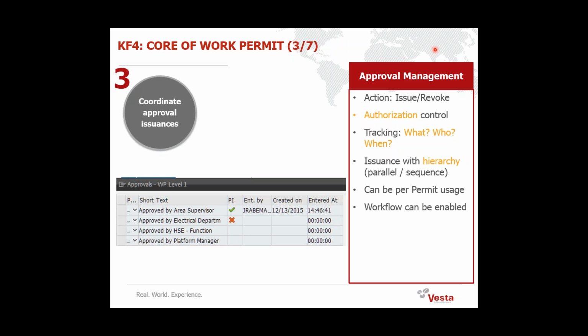In the background tracking is also active: what was approved, who was approving that, sorry, and when was it approved. You can also build in a hierarchy. Permit usage can control whether or not you need it, and in the background it's always possible to activate the standard SAP workflow.